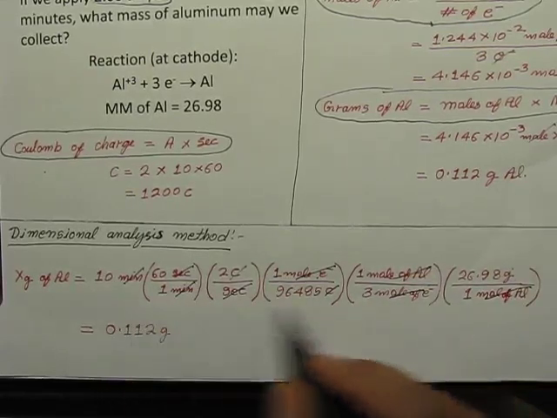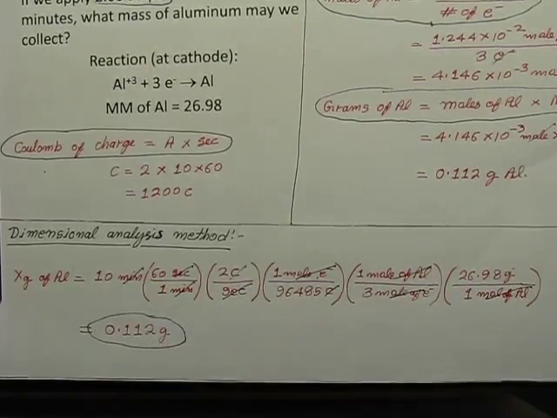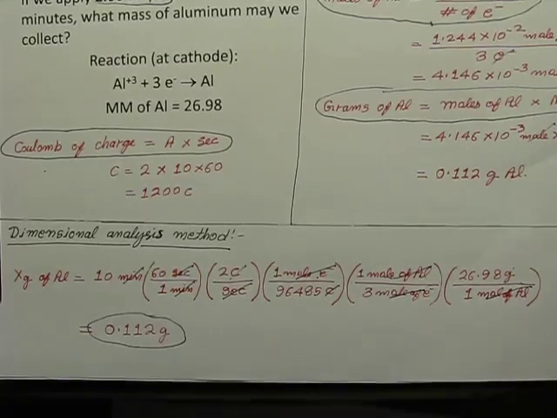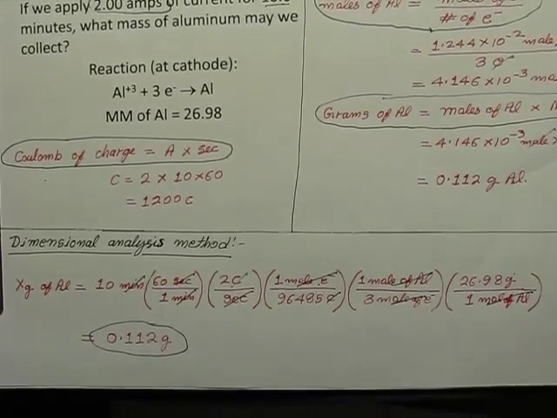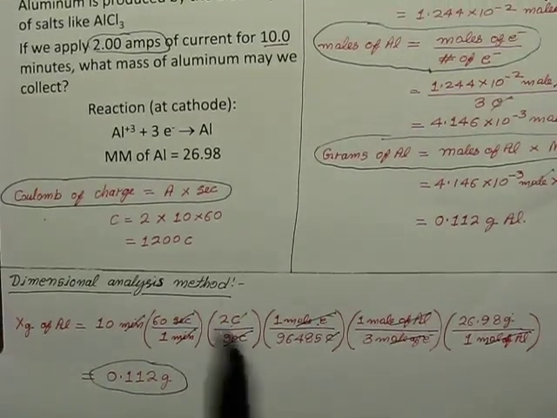When you solve all this simple math, the answer comes out exactly the same, 0.112 gram. So this is the way you can calculate how much one metal will deposit onto another metal or any electrode. This is the method of how to quantify the electrolysis problem.